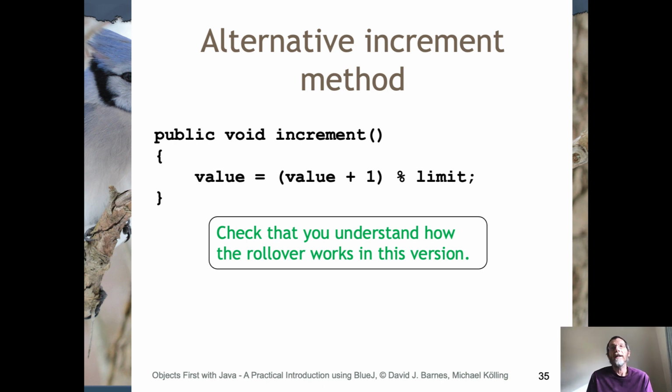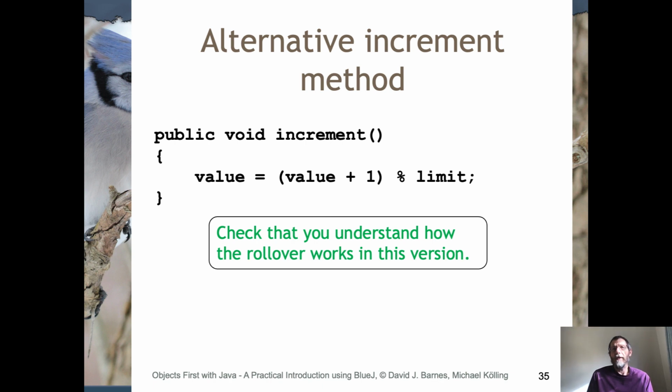So in fact, we can rewrite our increment method very simply. We can take the sum of the current value and 1, in other words, we're looking at what the value 1 greater than the current value would be, and if we then apply the modulo operator, modulo limit, and store the result of that back into the value, then we actually get exactly what we want from the increment operator.